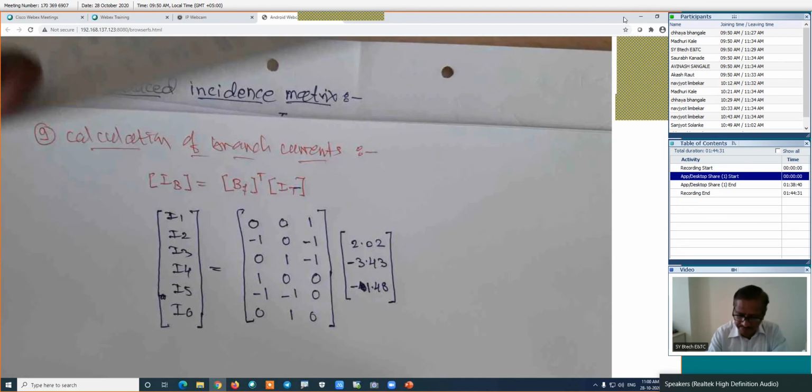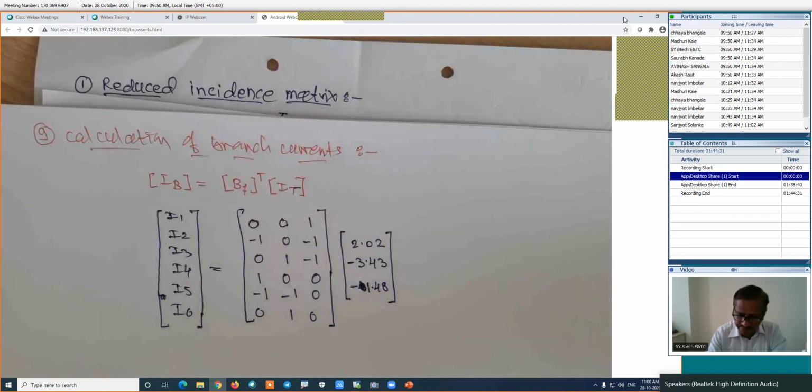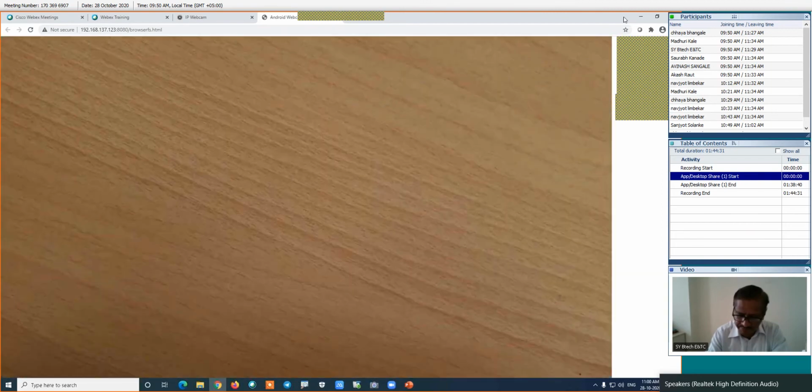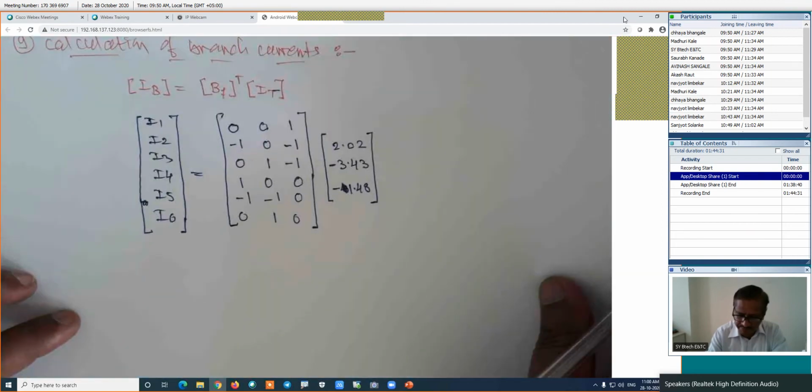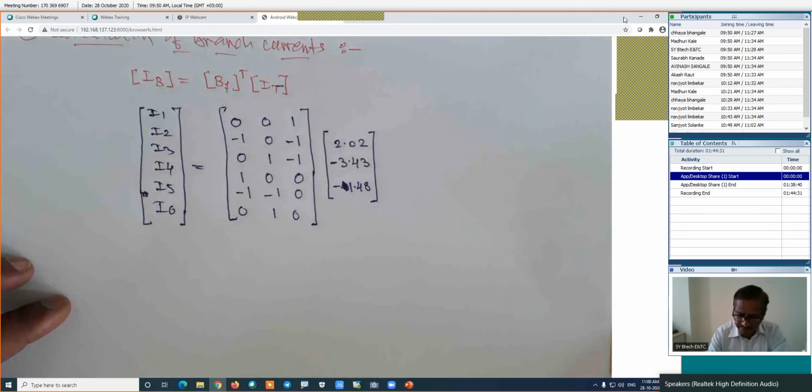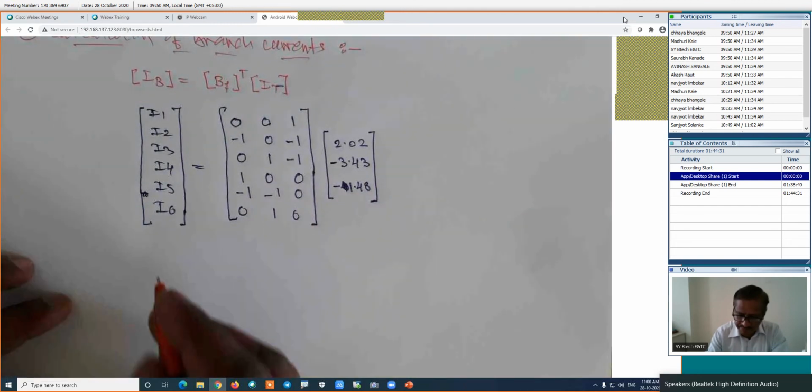If we know these values, then we are in a better position to find out the values of the currents directly, which is nothing but I1, I2, and I3 in this case. Now look at how the calculation is done. Just I will calculate the values here, and I am expecting the answers from your side.